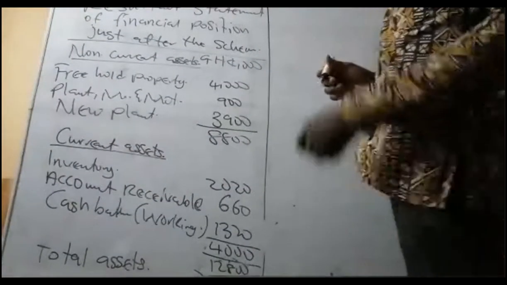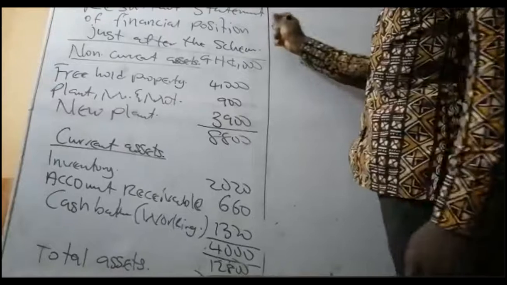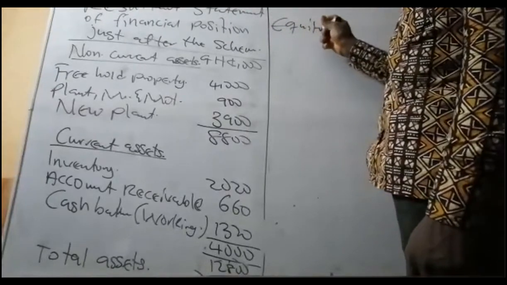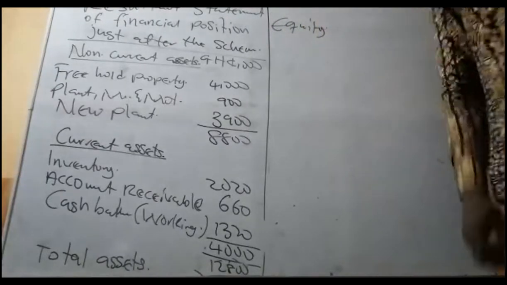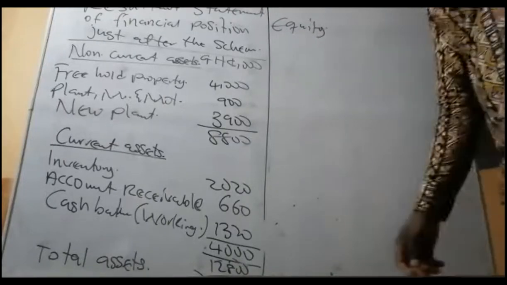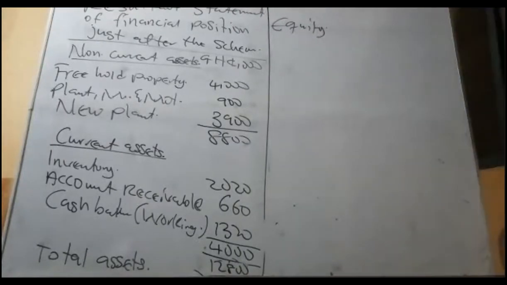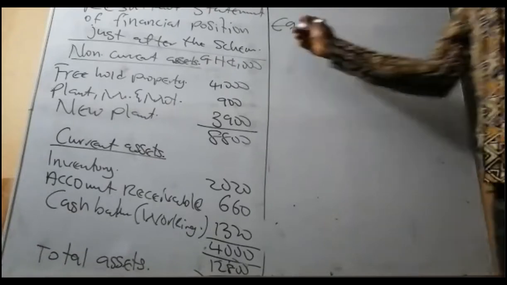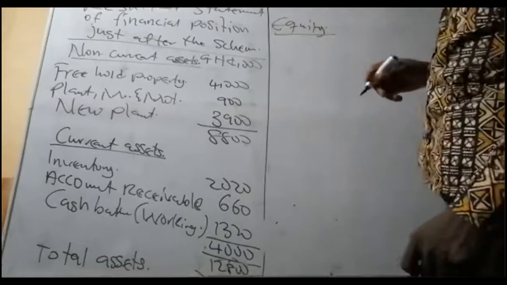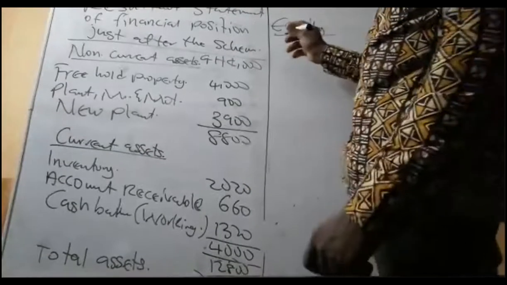Let's continue here, okay? You go to equity and liabilities. You start with the stated capital, ordinary share.